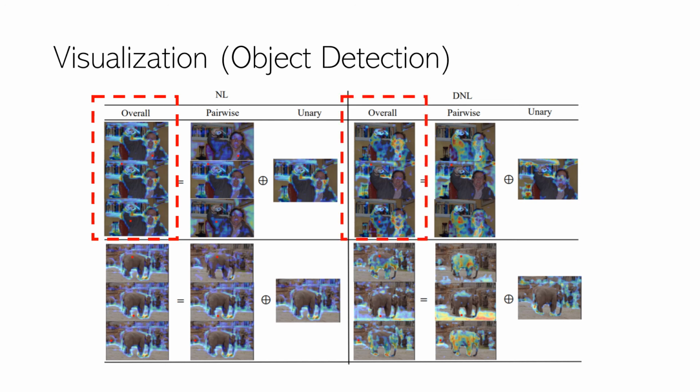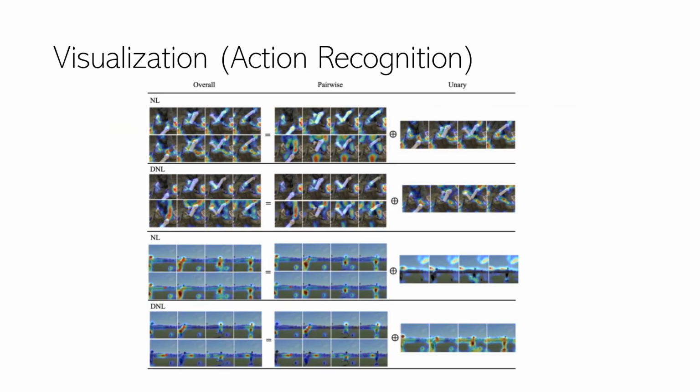Well, for the disentangled self-attention models, the attention maps are learned to be different for different query points. On the action recognition task, similar observation is achieved. Well, the standard self-attention model is frequently degenerated to unary models. The disentangled self-attention model can effectively learn the pairwise relationships.